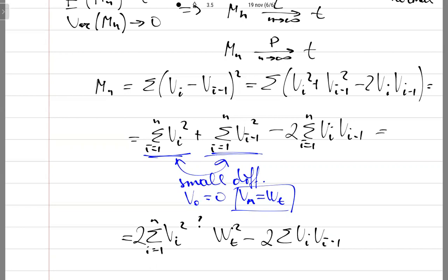Probably subtract. Yes, subtract. Why? Because we counted it twice. Yes, we counted it twice, but we need to count it only once. I completely agree. Any questions?